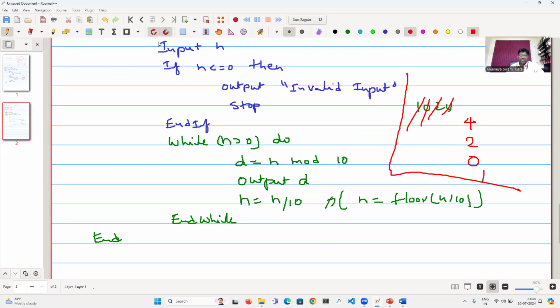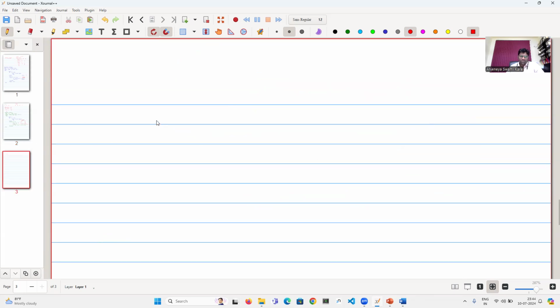Now let us look at the problem of extracting digits from left to right. Suppose you have 1, 2, 3, 4. What do you need to display? 1, 2, 3, 4 individual digits from left to right. Earlier we just used the modulus operator to get the rightmost digit. It was easy, but it's not easy to get the leftmost digit.